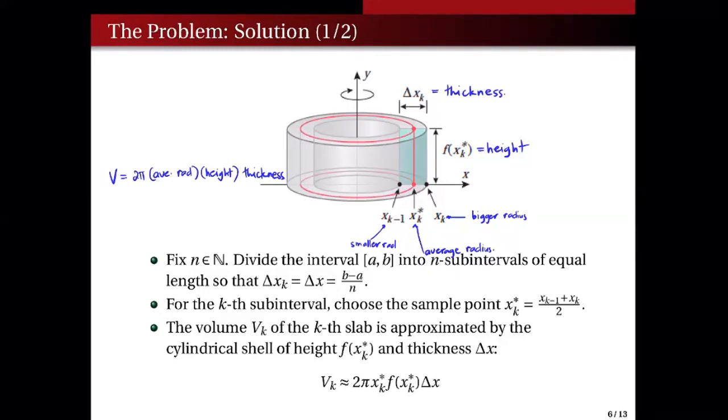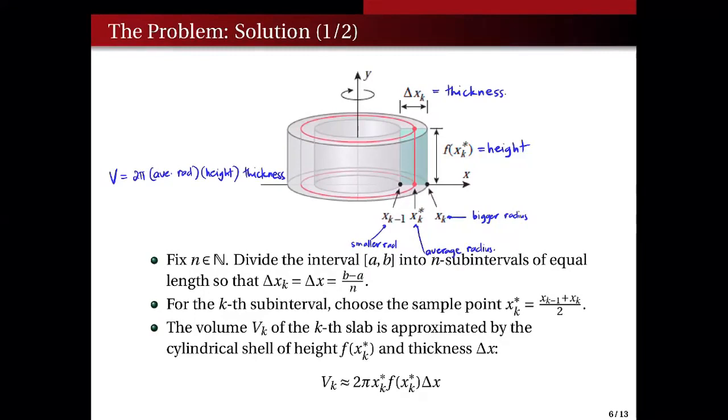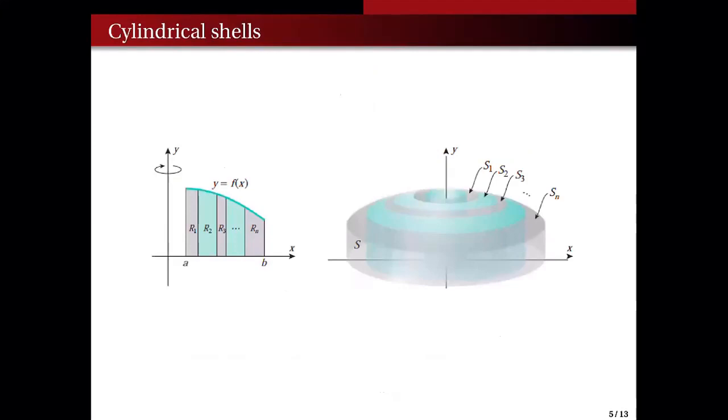And of course, this is just one of the cylindrical shells, but you have a lot of cylindrical shells here. You can get the volume of all the shells here, S sub 1, S sub 2, until S sub n. These are your cylindrical shells.